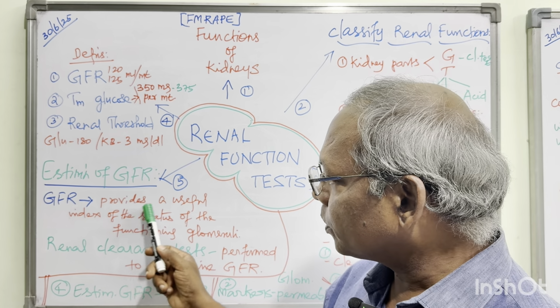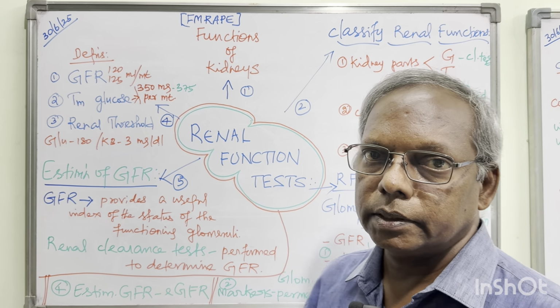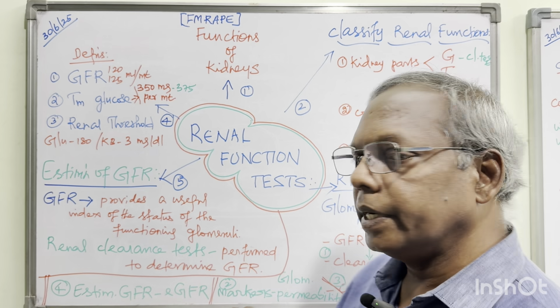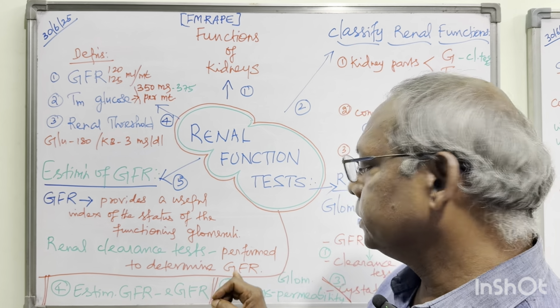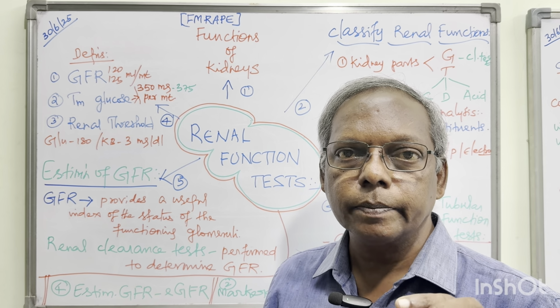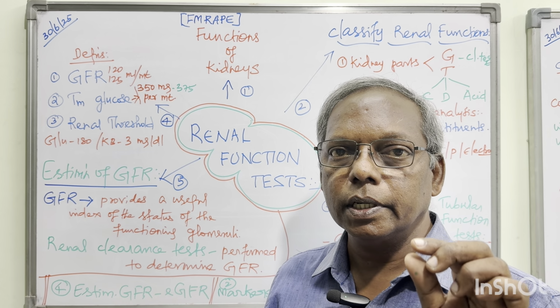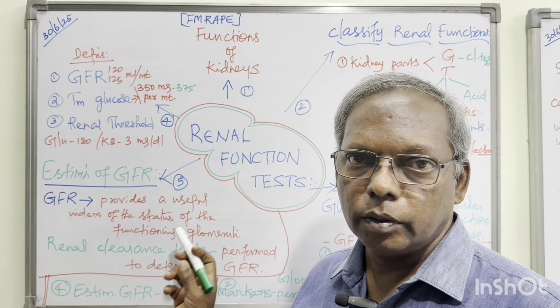GFR provides a useful index of the status of the functioning glomeruli, that is nephron activity. So renal clearance tests are performed to determine the GFR. So clearance test is the first point or subtitle for the measurement of renal function, or GFR.